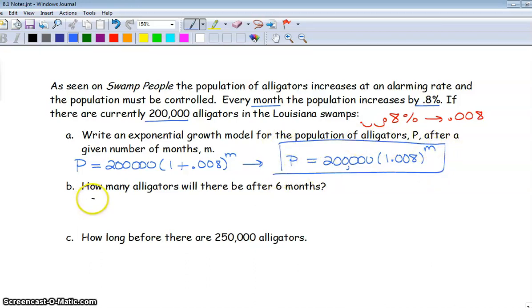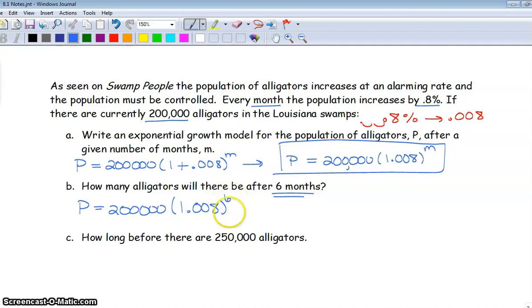Okay, so next we want to find out how many alligators there are going to be after 6 months. We have two variables. We've got P, we've got M. Clearly 6 months is representing our M value. So we plug it in. 200,000 times 1.008 raised to the M, and M is 6.